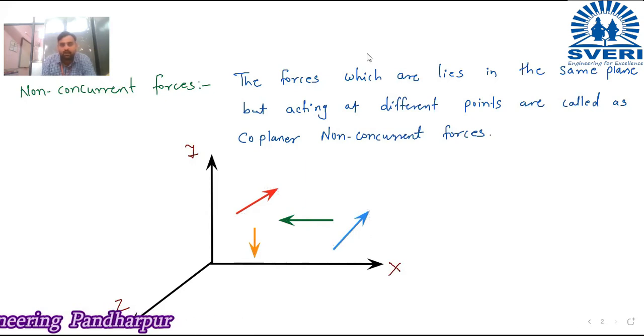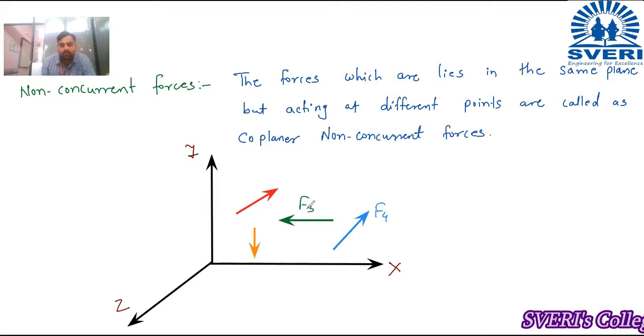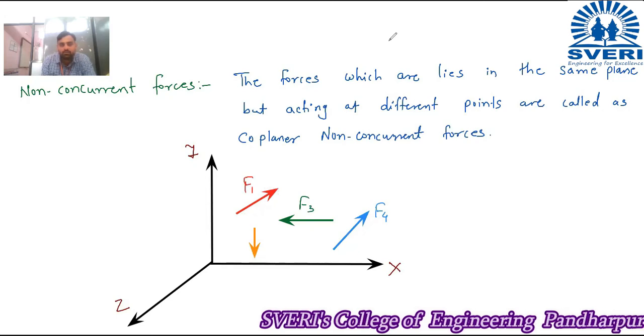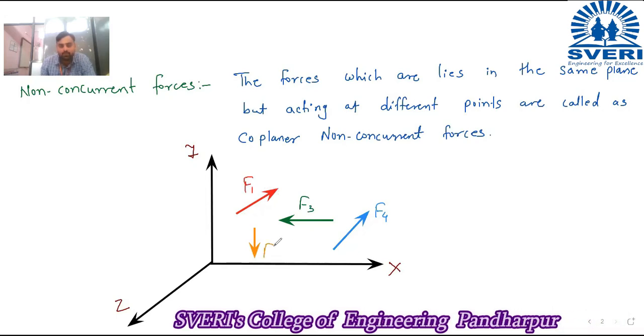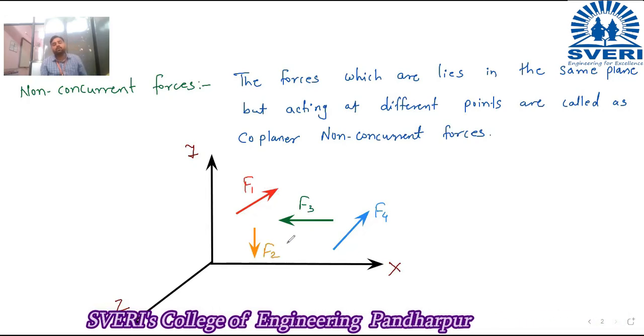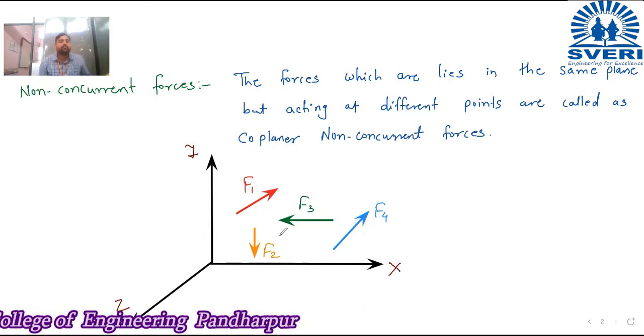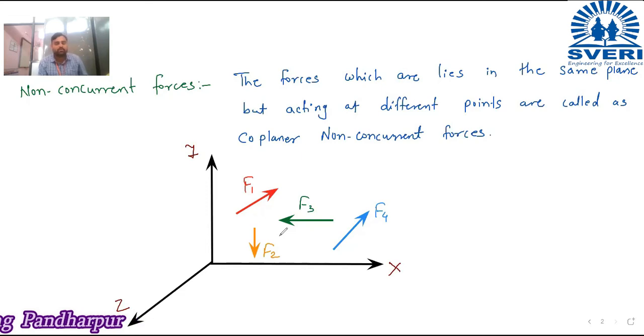All these are coplanar but non-concurrent forces. F1, F2, F3, F4 are non-concurrent coplanar forces. They are in the same plane but they are non-concurrent forces.